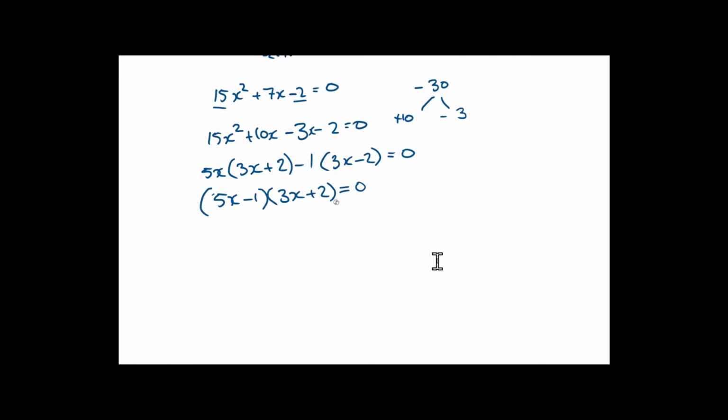Now they want us to solve it using factorizing. So if this one times this one equals 0, either 5x minus 1 equals 0, or 3x plus 2 equals 0, or both of them. So we're going to add 1 to both sides. 5x equals 1, so x is going to be equal to 1/5.